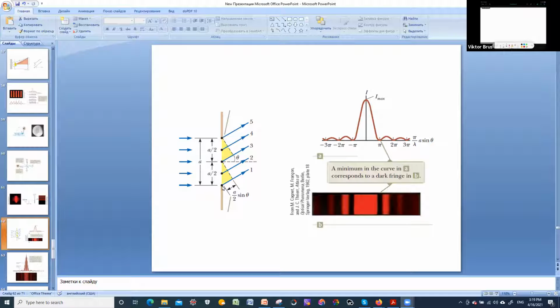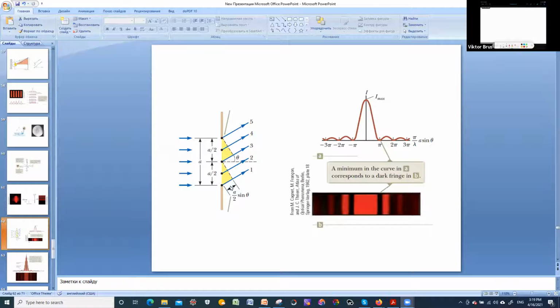Now we can consider ray 1 and ray 3. They originate from points which are away from each other by 1/2 of the width of the slit. So we see that ray number 1 travels further towards the screen than ray number 3.